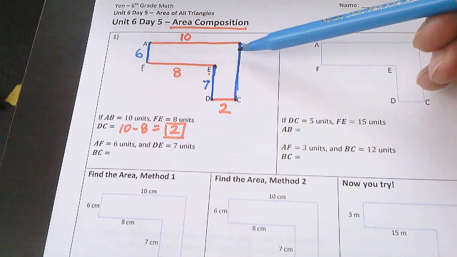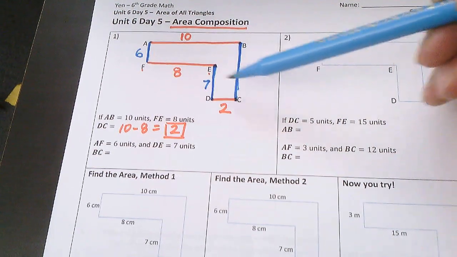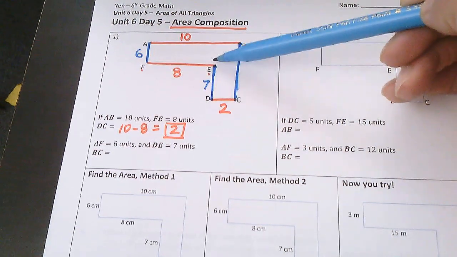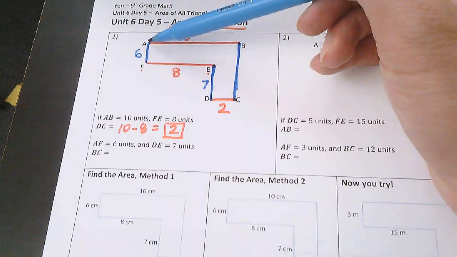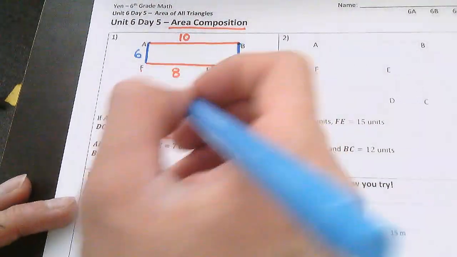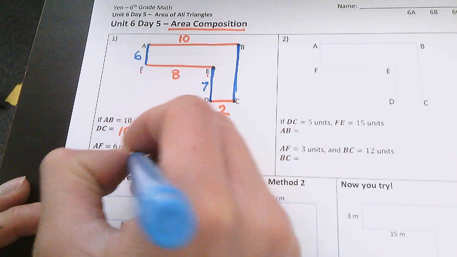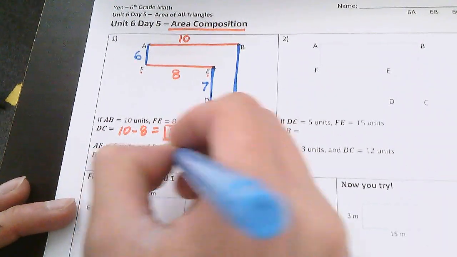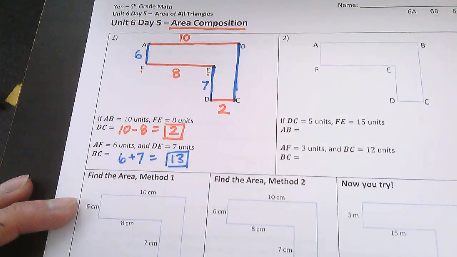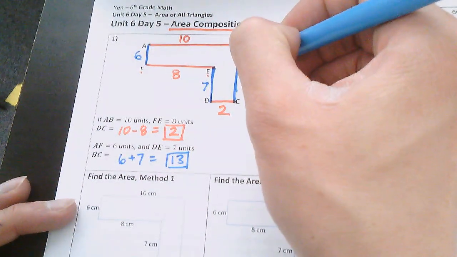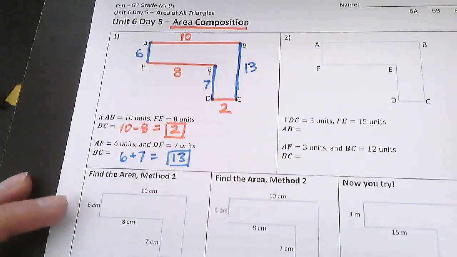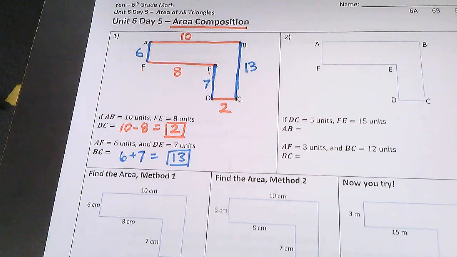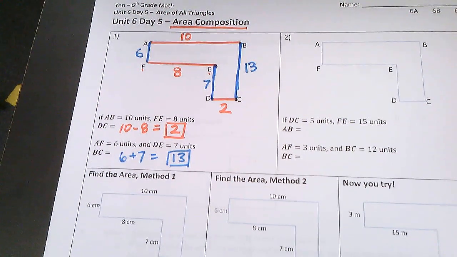So in this case, BC is going to be equal to DE plus AF. So that would be 6 plus 7, and altogether it would be 13 units. So I know that this is going to be equal to 13. Okay.